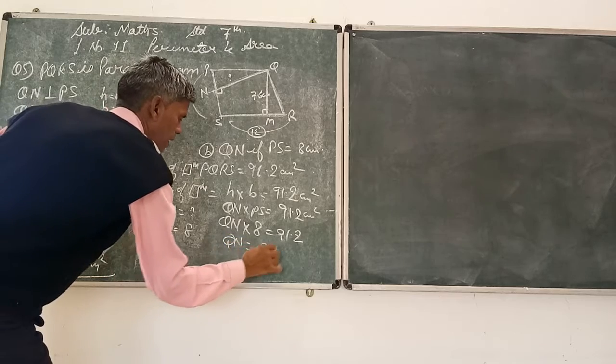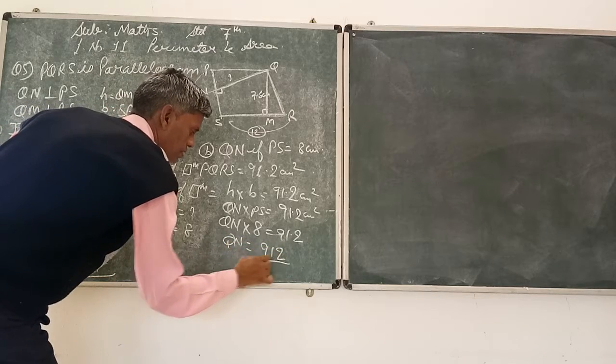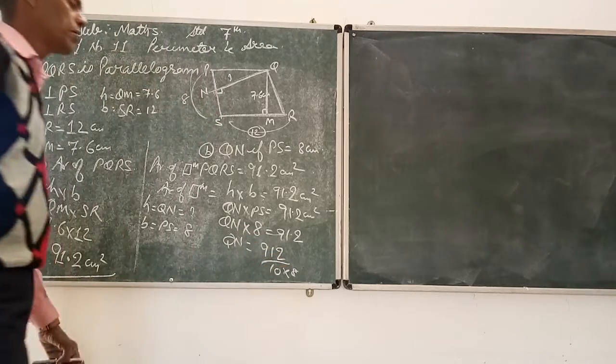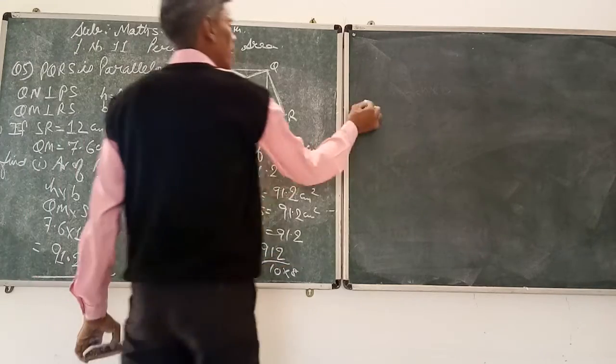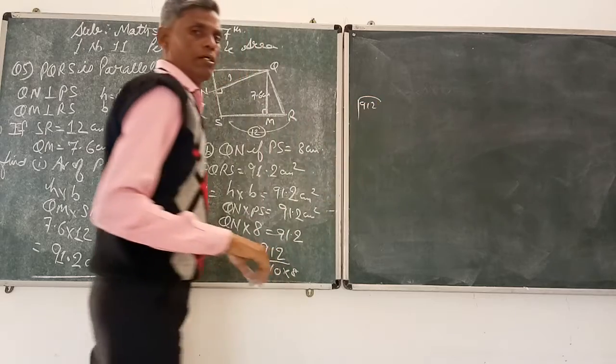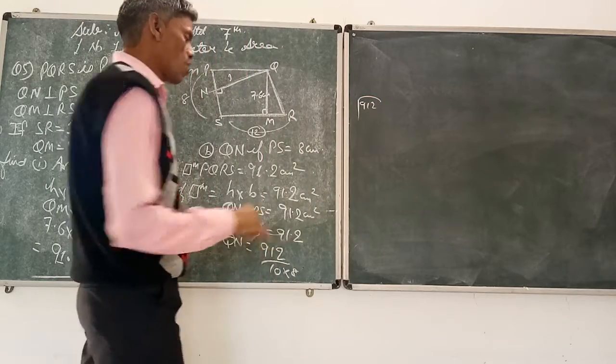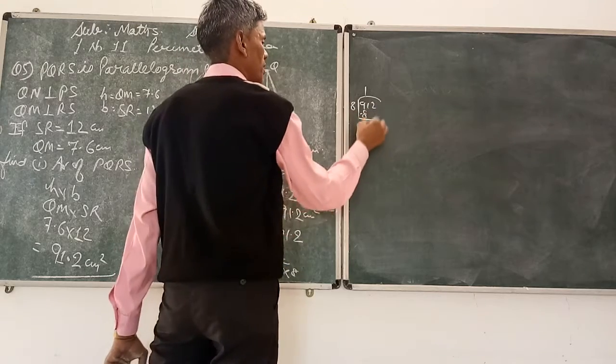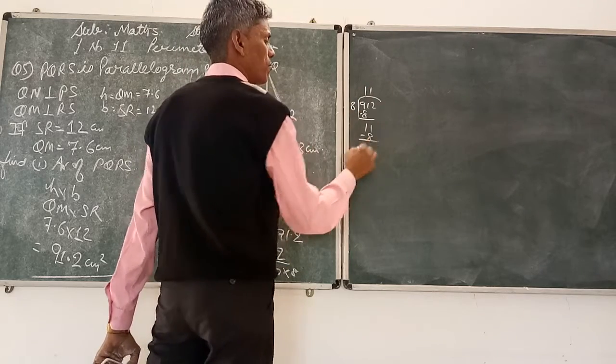QN is equal to 91.2 upon 8. To remove this decimal, we will write 10 in the multiplication form, and it will come as a denominator. Let us see this. We will divide 912 now by 8. 8 ones are 8. 9 minus 8 means 1. Bring this 1 here. 8 ones are 8. 11 minus 8 means 3.